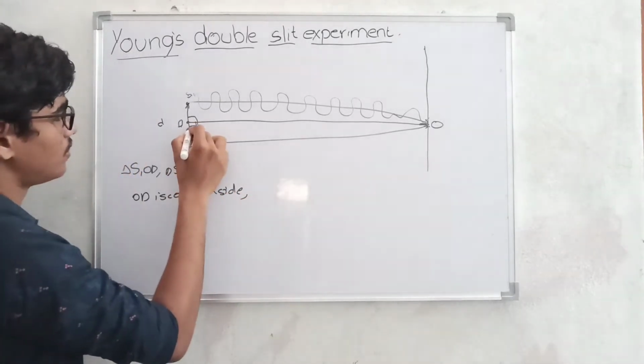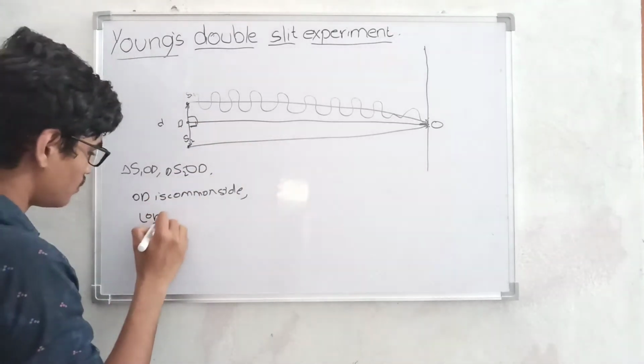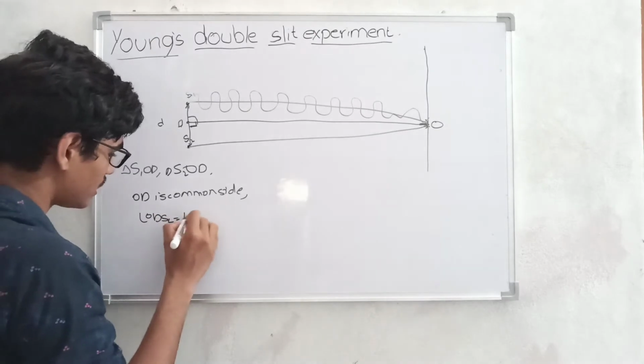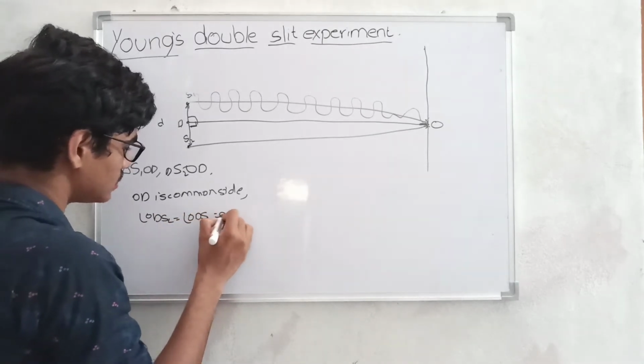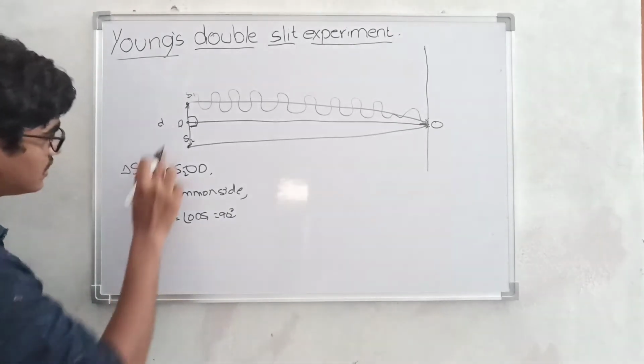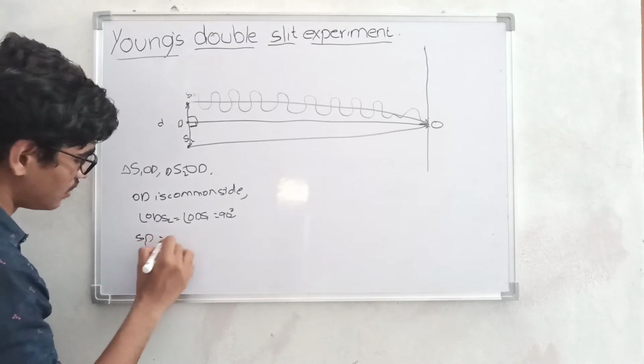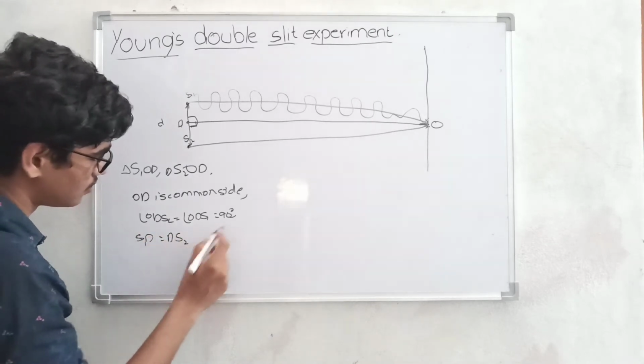and angle ODS2 is equal to angle ODS1 is equal to 90 degrees, and as D is the midpoint of S1S2, S1D is equal to DS2.